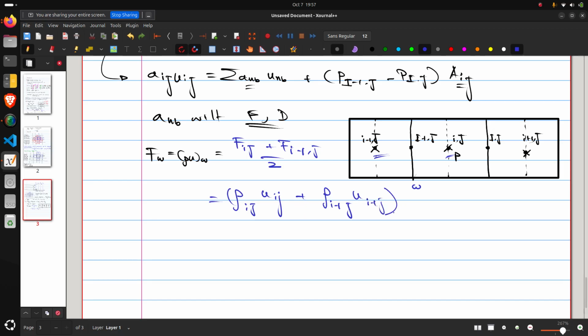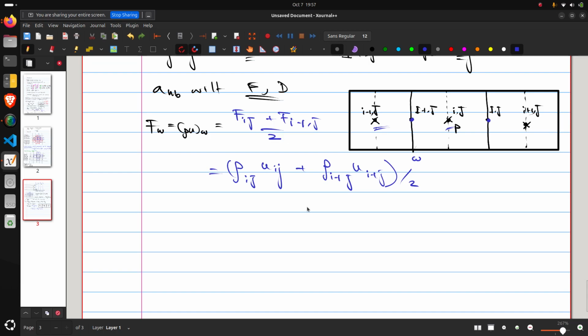But if you remember, what did we decide? We decided that the scalar variables will be stored in the centers, right? It will be stored here instead of the staggered cell centers. So now we again have to do another arithmetic average and get the values of rho I comma j.